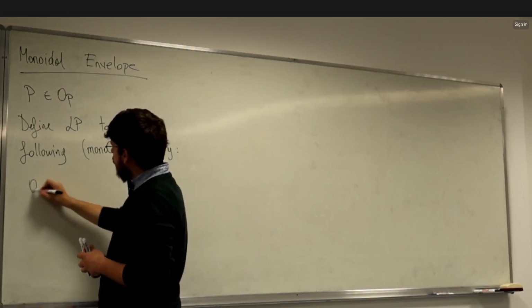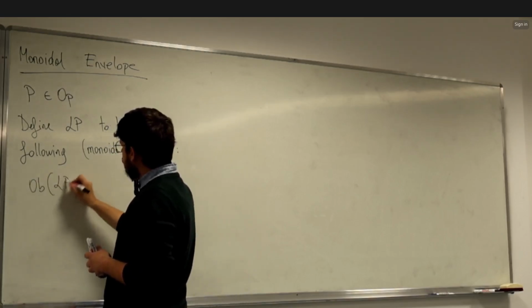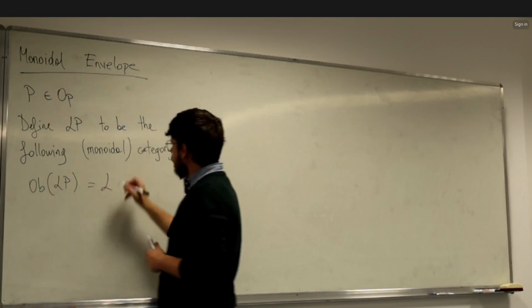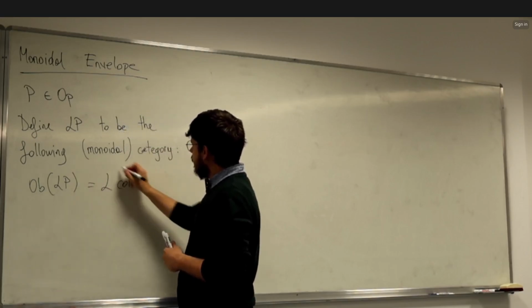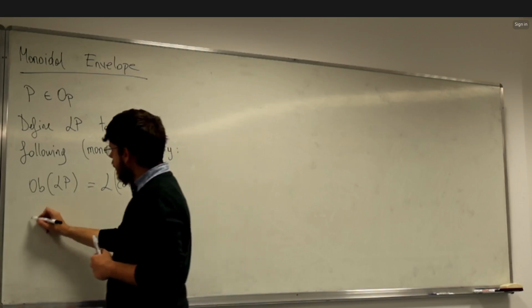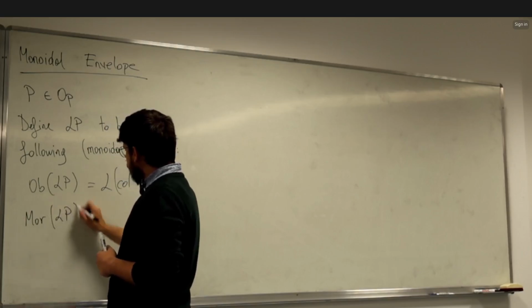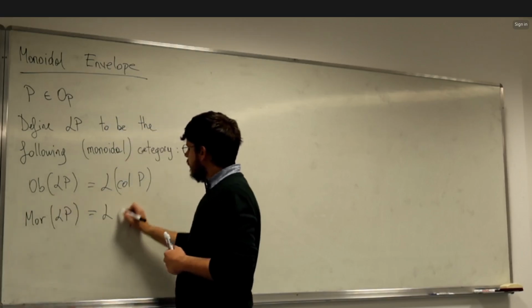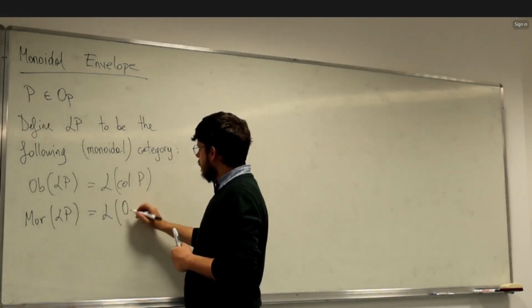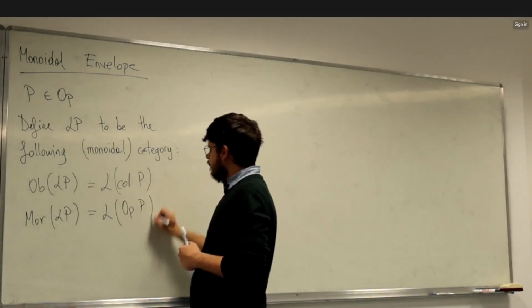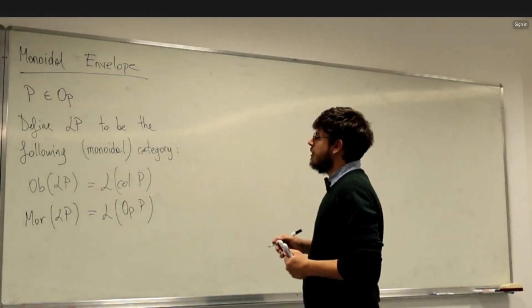So objects of LP are sequences of colors of P and morphisms of LP are sequences of operations of P. Well, it's better explained with a picture.